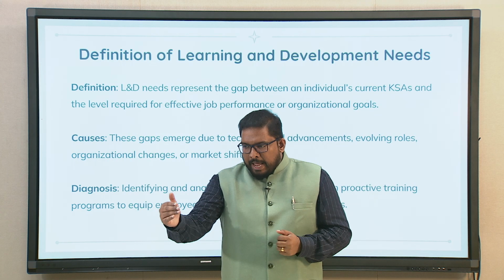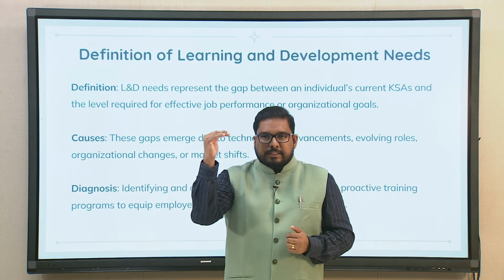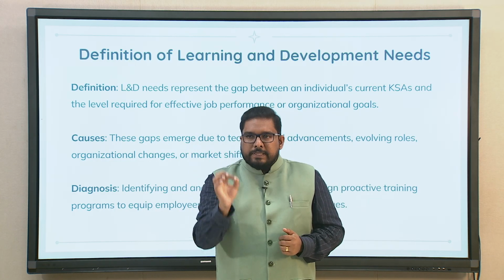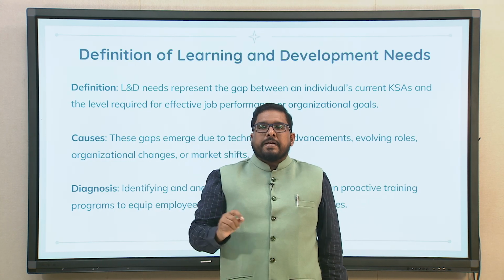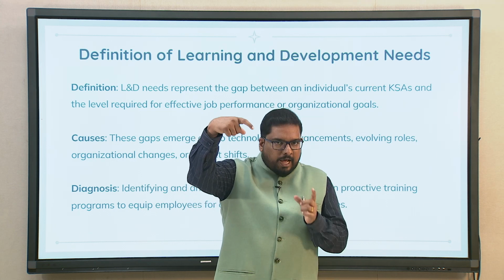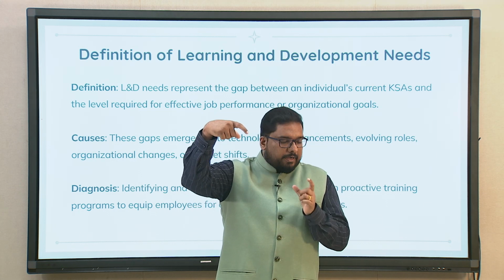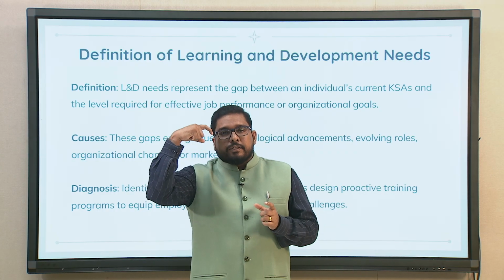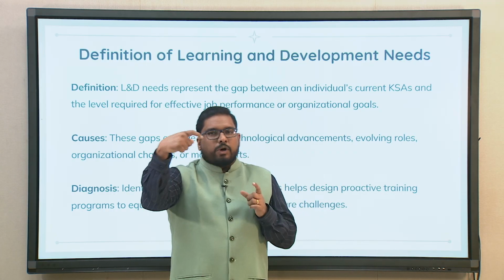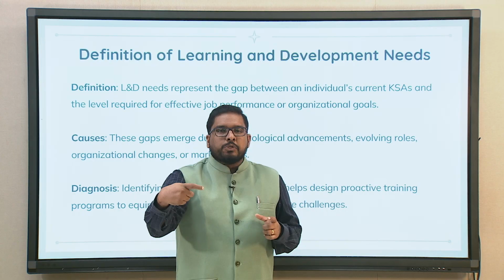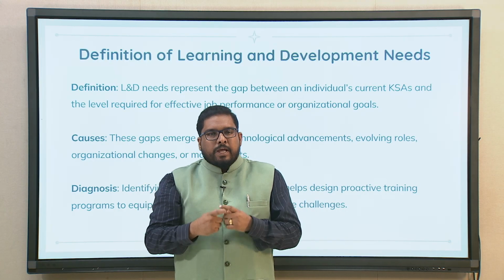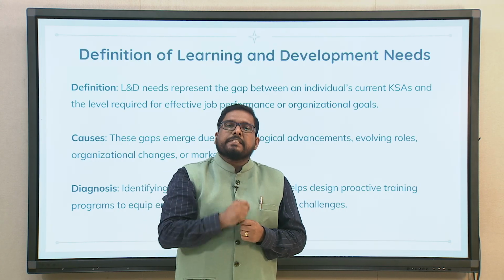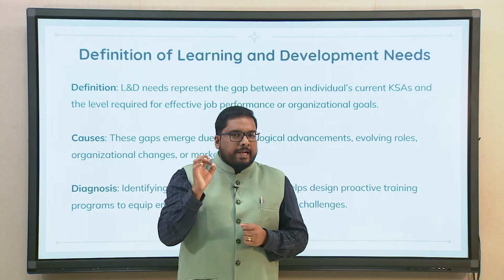Many a time we have certain tasks, duties and responsibilities, which I call TDRs, to be performed in an organization. Are our TDRs matching with the KSAs, the knowledge, skills and abilities, that we have? Are they in sync? What is the gap? This is typically the learning and development need.